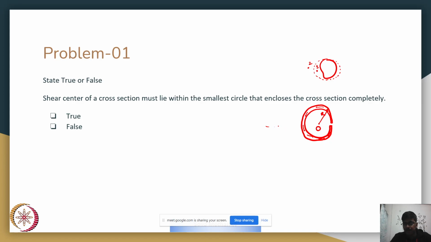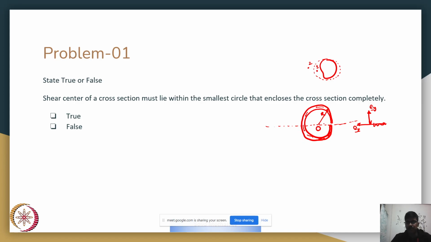From symmetry we know this cross section is symmetric, and the dotted line that I have drawn is the z-axis. I'm denoting the axes by y and z. The shear center must lie on this dotted line, which is the line of symmetry of the cross section.